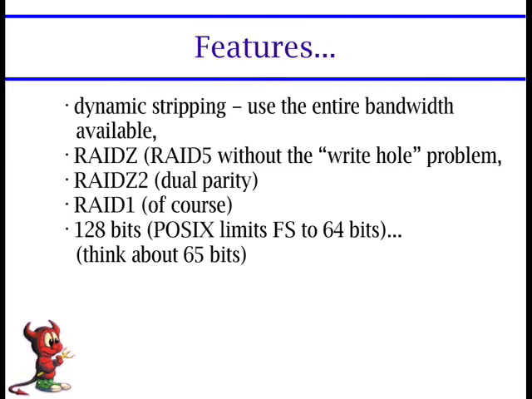You have RAID-Z, which works more or less like RAID-5, but it doesn't suffer from the RAID-5 write hole problem. This is the problem where, if you have a power failure, for example, you can end up with parity that doesn't match the data. There is also a dual parity version of RAID-Z, RAID-Z2. It of course supports RAID-1.